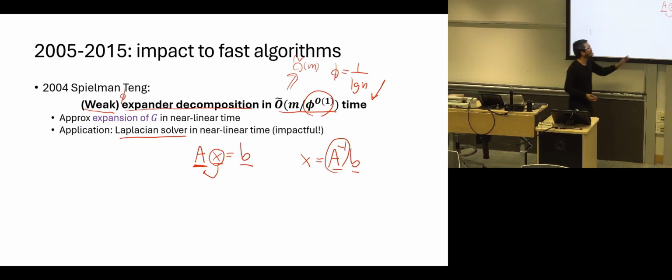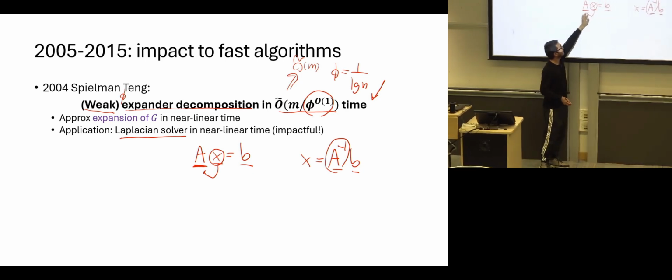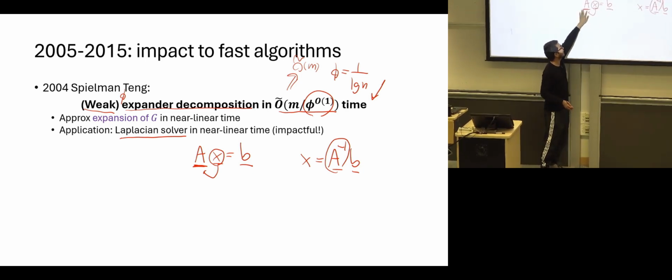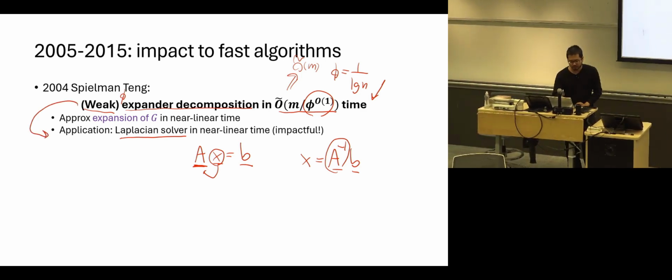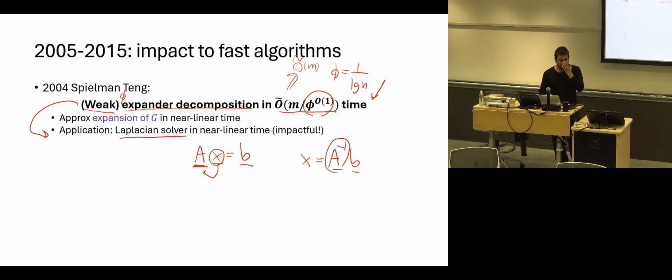So basically it's a linear system solver where A is defined from a graph, and it turns out that using expander decomposition and other continuous optimization, they can get this in nearly linear time. And once people knew how to solve Laplacian systems in nearly linear time, they used it to try to solve many other things. So really impactful.